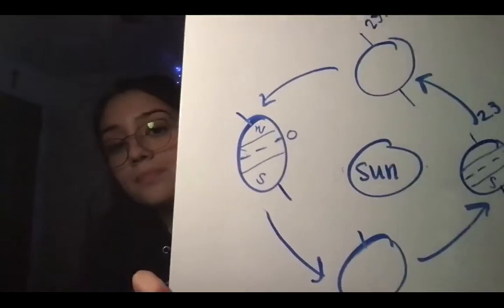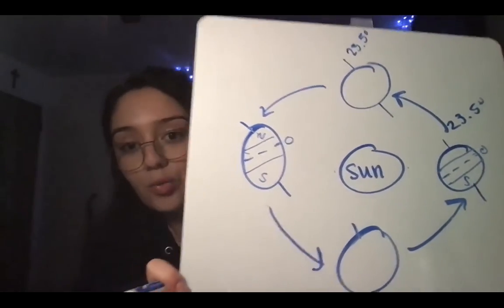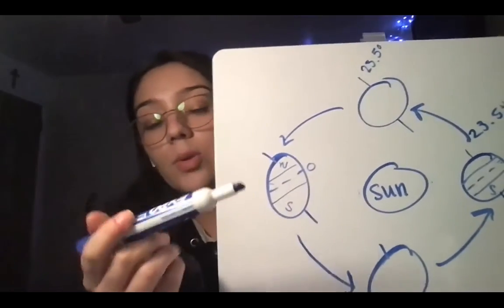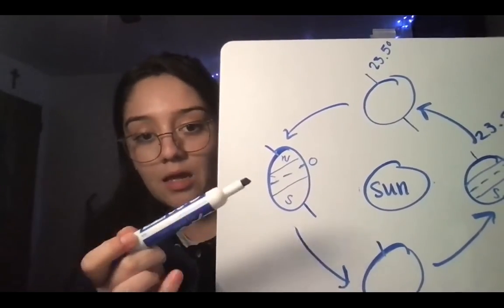There's going to be one on either side of the equator. And remember, the equator is at 0 degrees, right in the center of Earth. So 0 degrees splits Earth right in half horizontally. And then you have these lines of latitude above and below it.